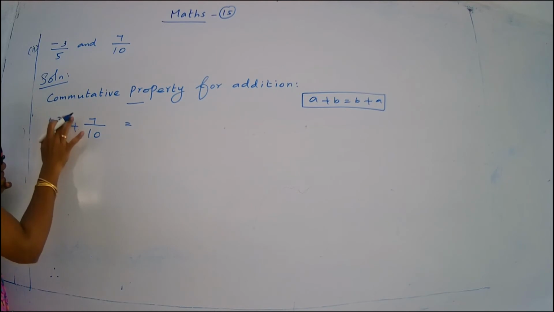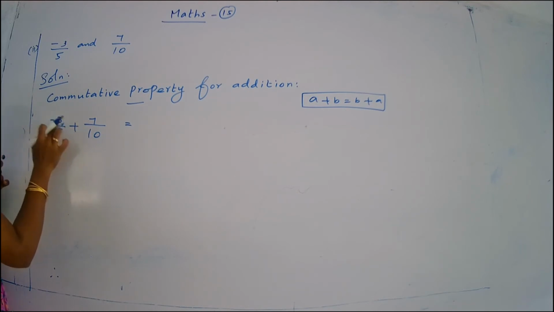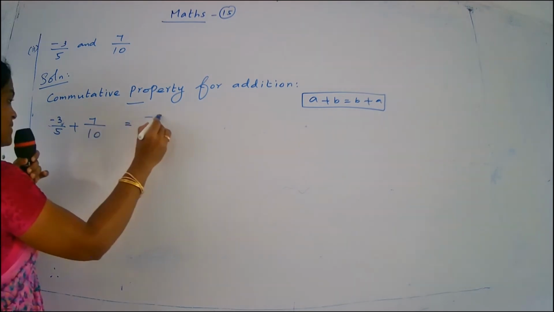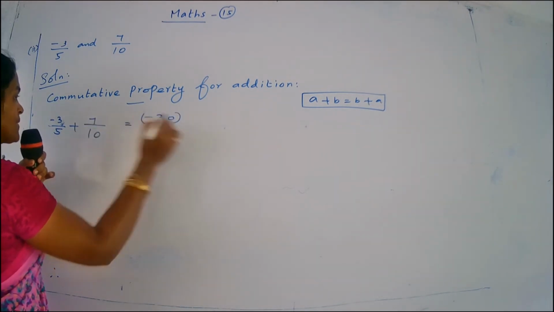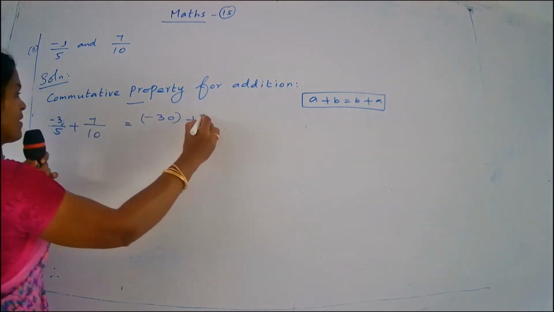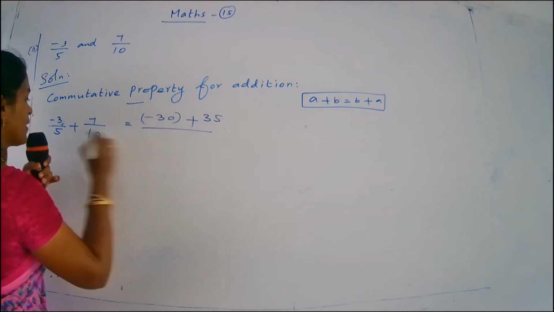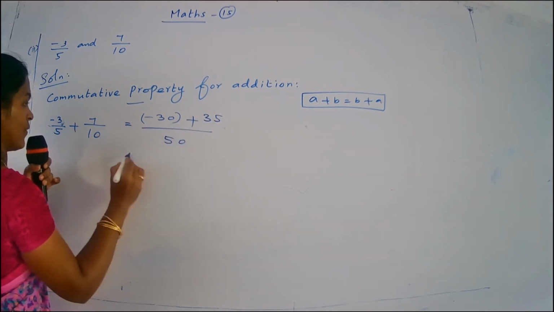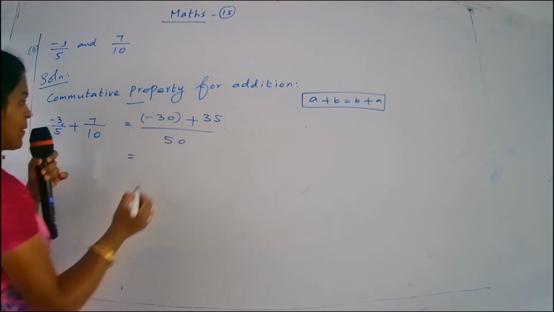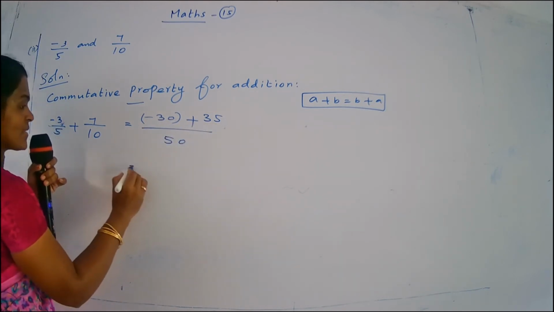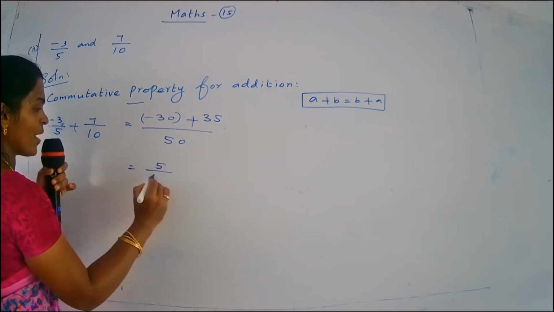So minus 3 you multiply by cross, minus 3 into 10, minus 30, plus 5 sevens are 35, upon 5 tens are 50. Now minus 30 plus 35, your answer is 5 upon 50.